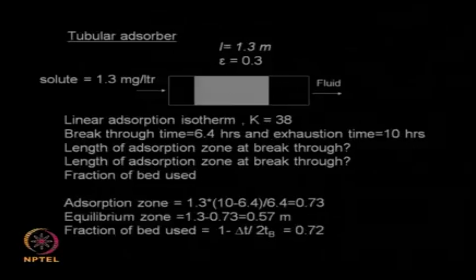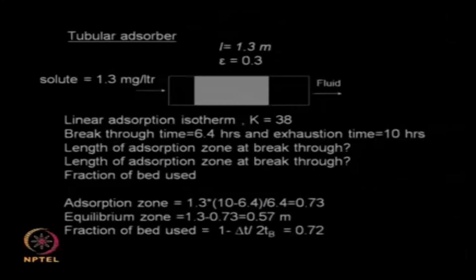Whereas if you get a smaller number, like instead of 72% you get 50%, then it is highly inefficient, because the remaining 50% of the bed is unused, and as soon as 50% gets used up you will stop your adsorption process and regenerate. So if such a situation arises, what do you do? You need to find a different adsorbent which is much more efficient.